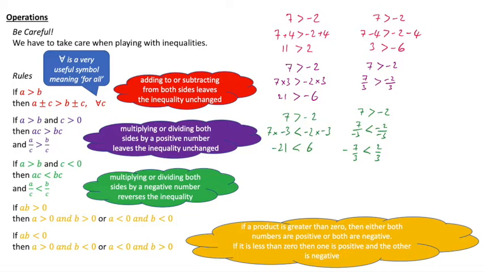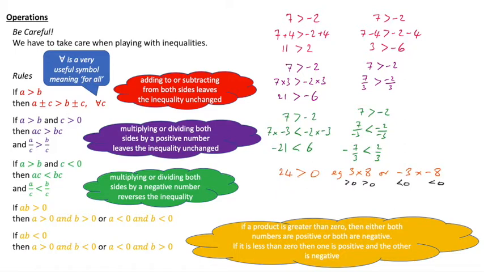So to summarise, if a product, so AB is a product, if a product is greater than 0, then either both numbers are positive or both are negative. If it is less than 0, i.e. negative, then one of the values is positive and the other is negative. So, for example, we have 24 is greater than 0.